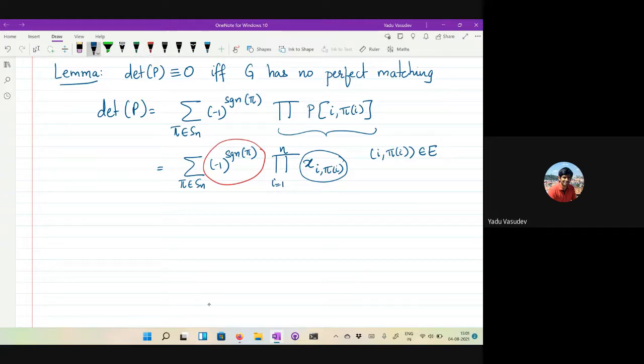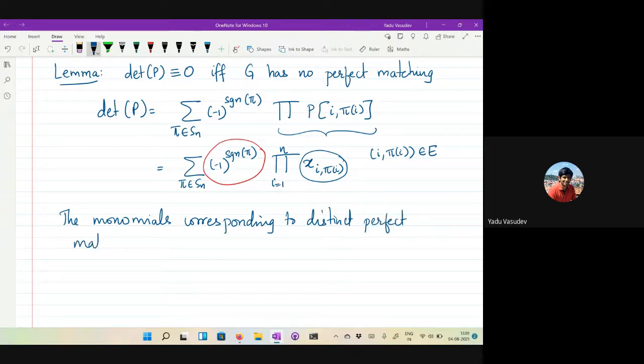So the monomials corresponding to distinct perfect matchings are different, so there is no way for those monomials to cancel off. Therefore, the determinant of P is identically 0 if and only if G has no perfect matching.